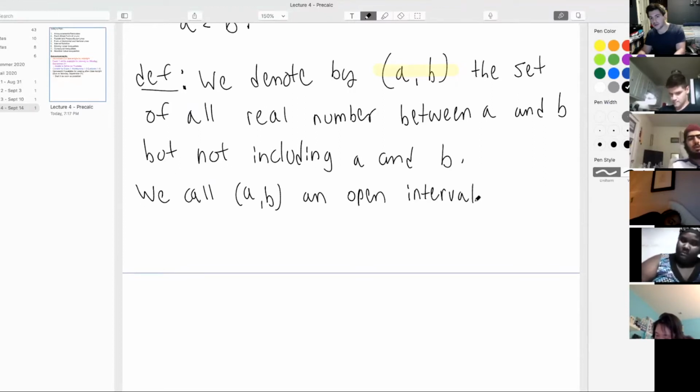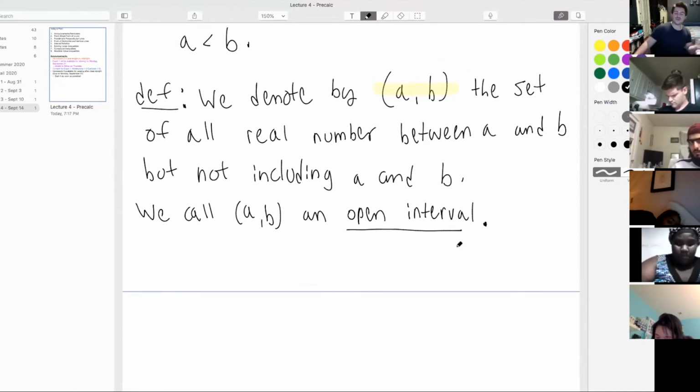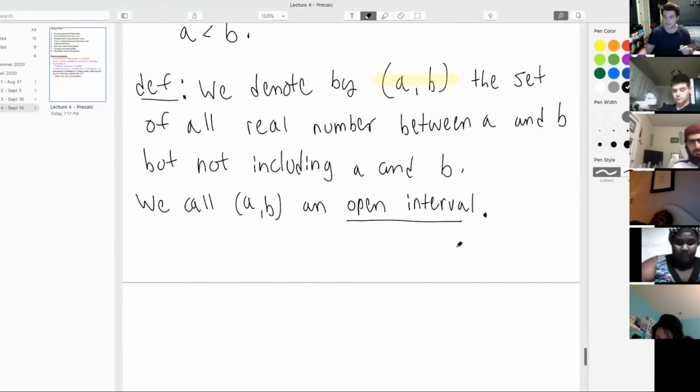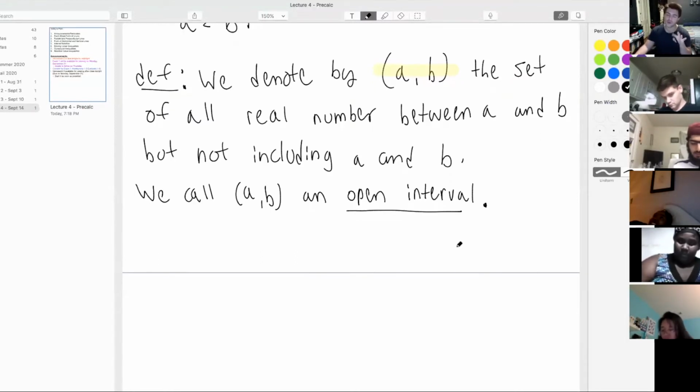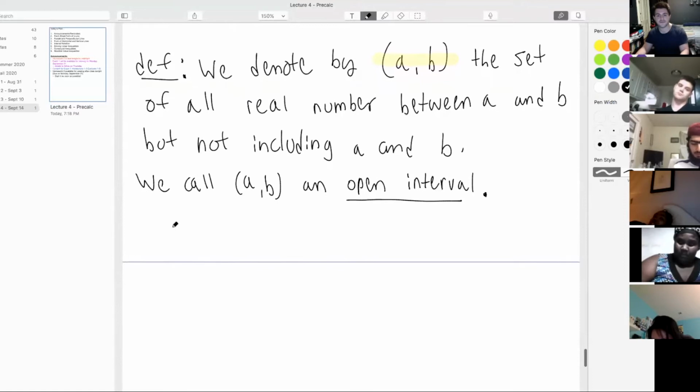Why do we not include A and B endpoints? There's no reason why. This is just a way to notate all the numbers between A and B, but not including them. And now I will introduce a way to include A and B. It just depends on the situation whether we want to include the endpoints or not. Let's get to that now.